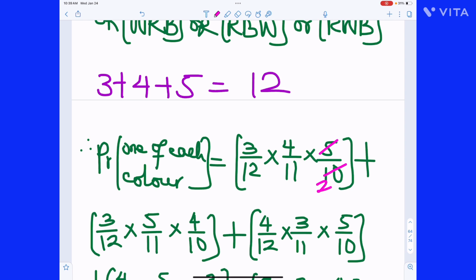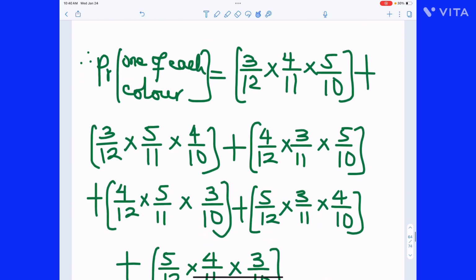Then the probability of picking a red last will now be 5 over 10, because after picking the first 2 balls, there are 10 balls left out of 12. So you do the same thing for each bracket.